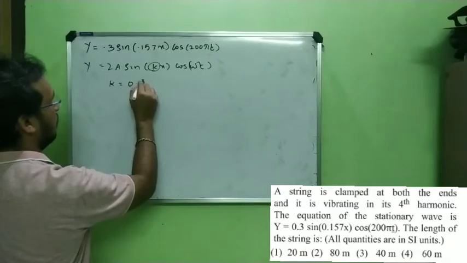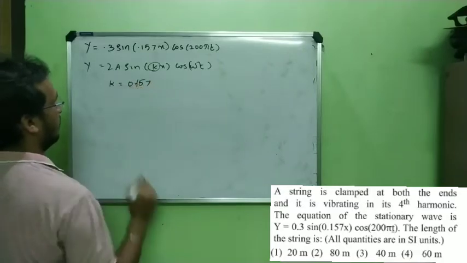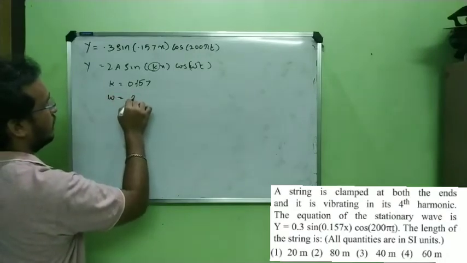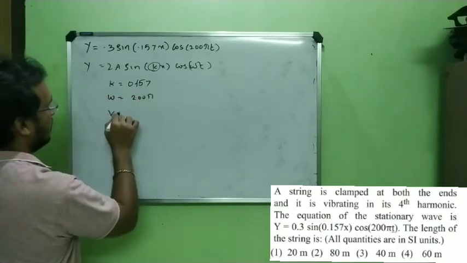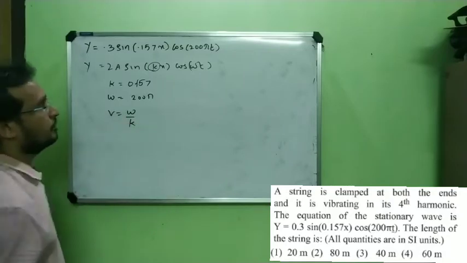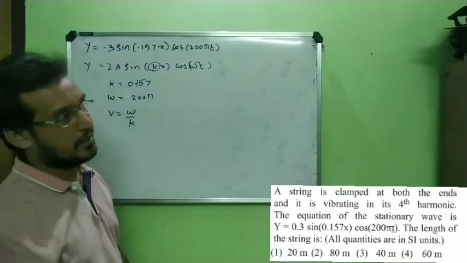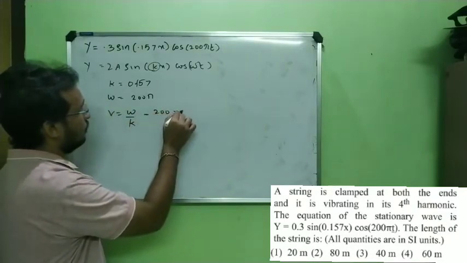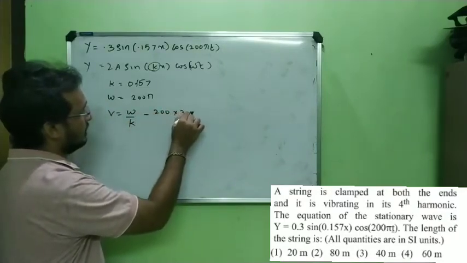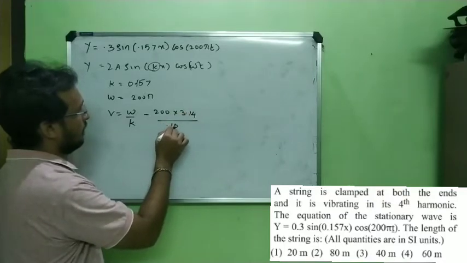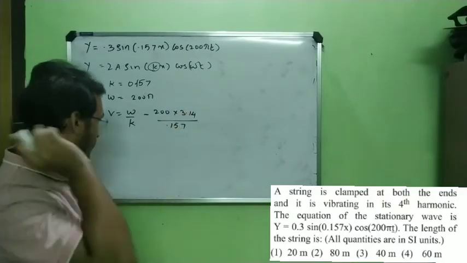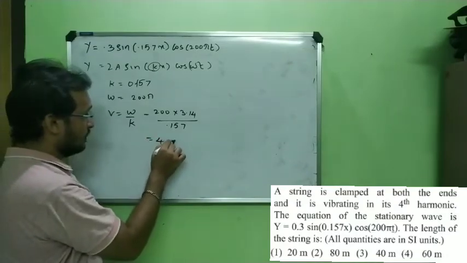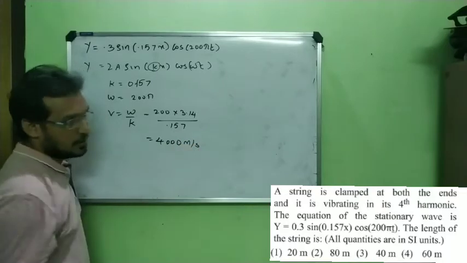Comparing the coefficients, k = 0.157 and ω = 200π. The relation between ω and k is v = ω/k. That is 200 times π, where π is 3.14, divided by 0.157. So you will get 4000, right? SI unit, 4000 meter per second.